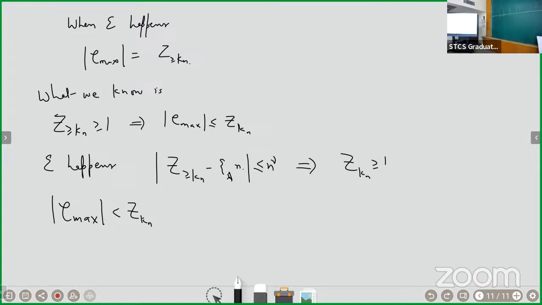So the only case remaining is equal. So what does it imply? If C max is strictly less than Zkn, what does it imply? Does it imply that there are at least two connected components of size Kn? That is sufficient.